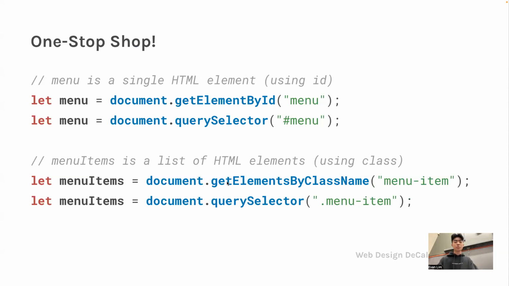So whenever you select by class, keep in mind that your object is not a single element, but a list of elements. I've indicated that in the comments here, and this is the corresponding syntax. And even if you only have one element with a certain class name, it's still going to be a list, but just a list of length 1. So just keep that in mind moving forward.